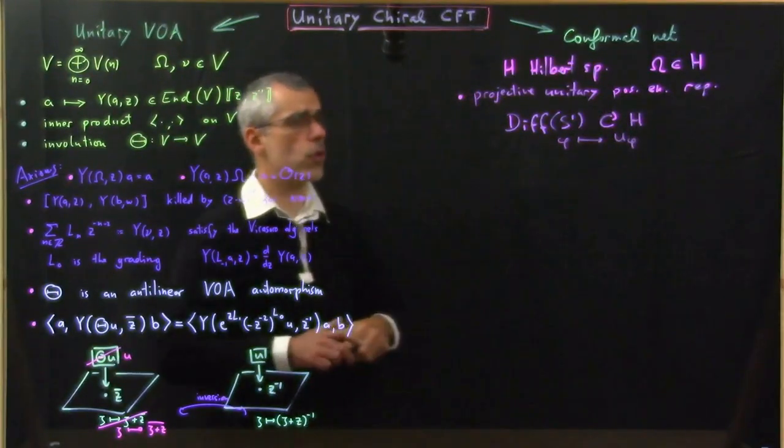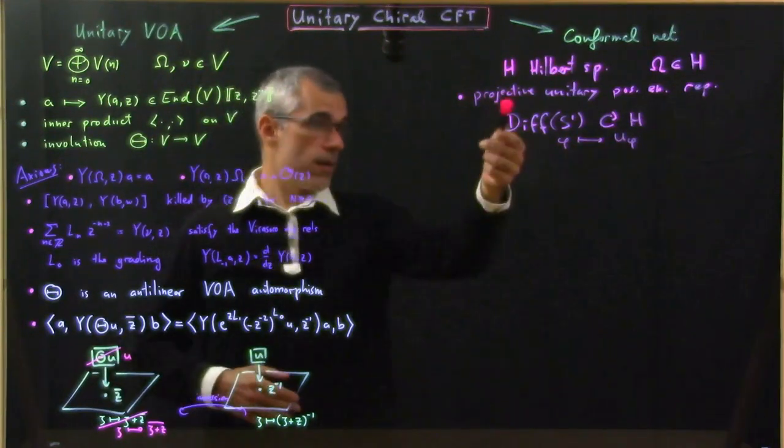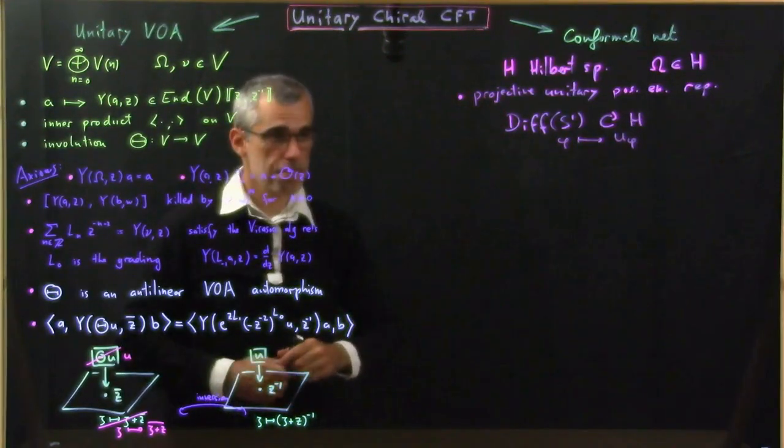And u sub phi is, of course, not well-defined. It's only well-defined up to phase because this is a projective representation.